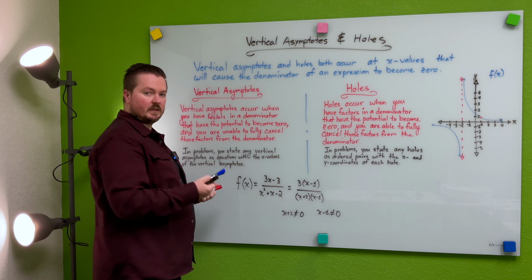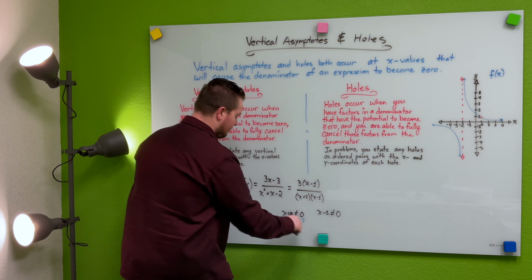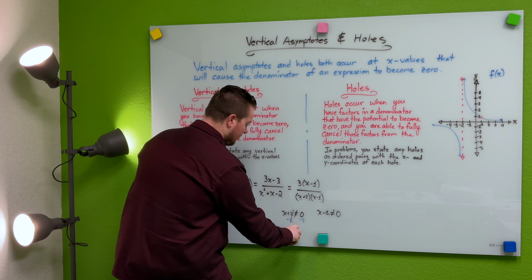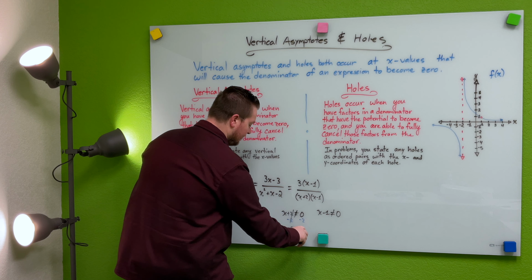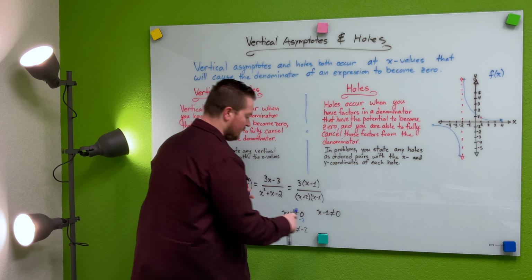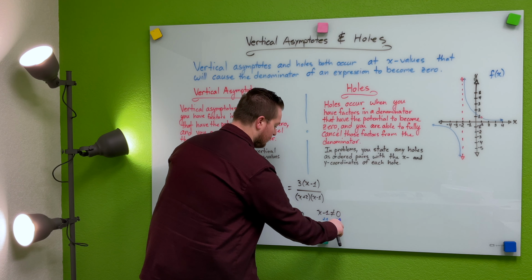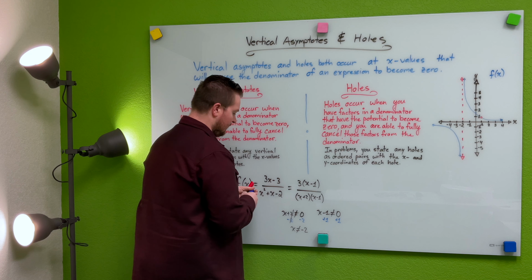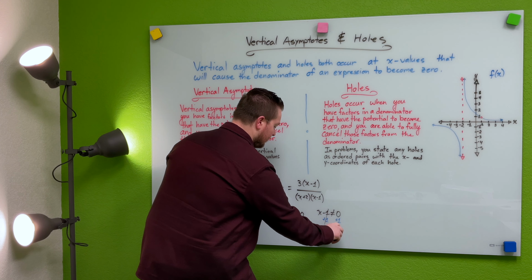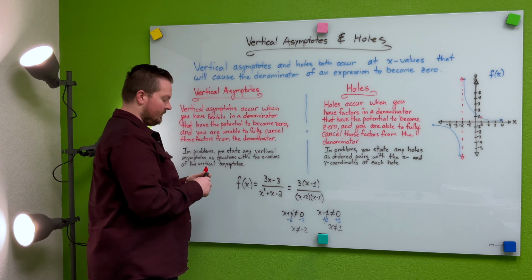And now, just like any typical fashion, we can solve both of these equations. Subtract 2 from both sides, and x is not allowed to equal negative 2. Over here, we add 1 to both sides, we cancel this out, and we see that x is not allowed to equal positive 1.